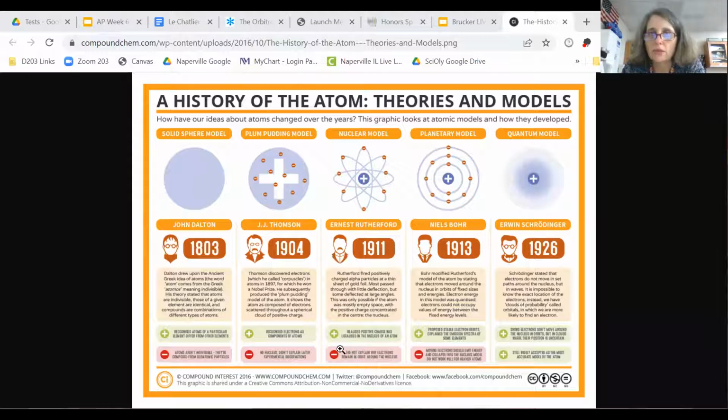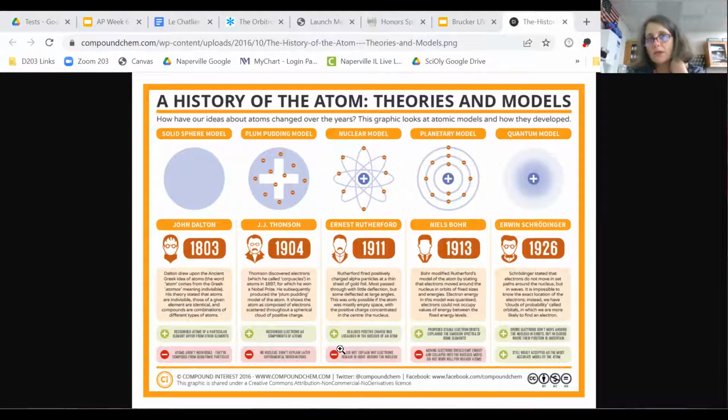Again, we had Dalton, we talked about J.J. Thomson, Rutherford. J.J. Thomson was the plum pudding model, and his discovery using the cathode ray. Rutherford was the gold foil, so he figured out that there was a positive center in the middle of the atom, and most of it was empty space.